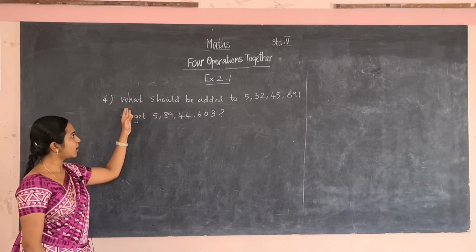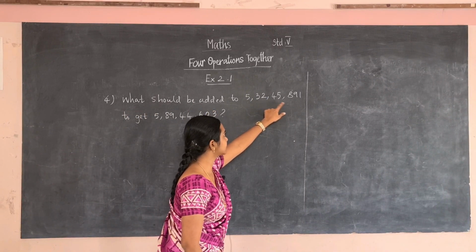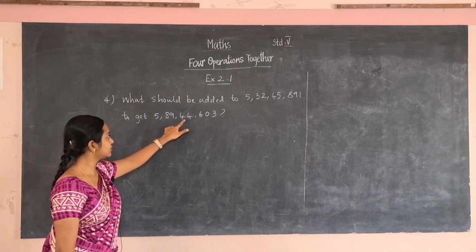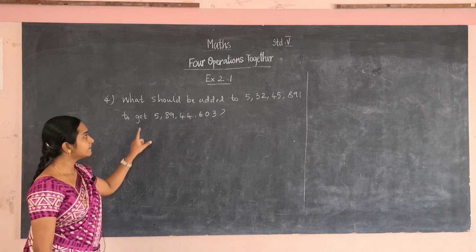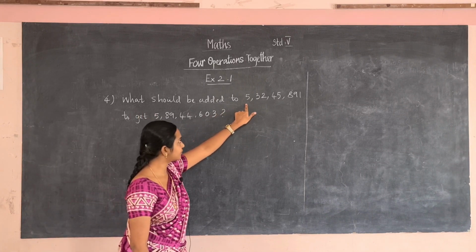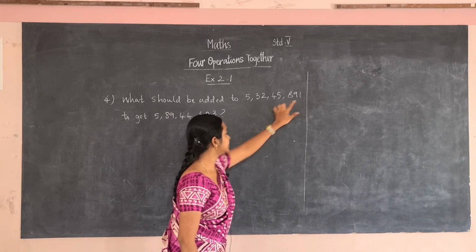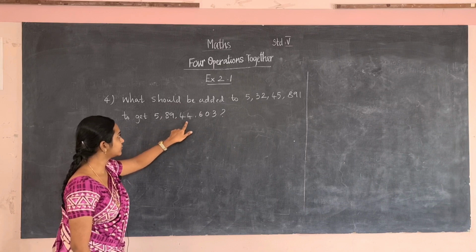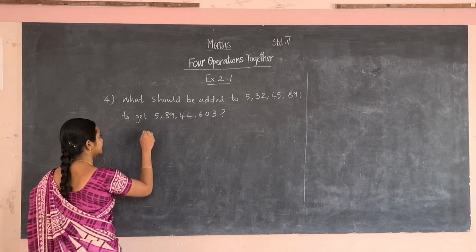The fourth sum is, what should be added to 5,32,45,891 to get 5,89,44,603? From this you can see that a number is added to 5,32,45,891 to get 5,89,44,603. So you have to find number 2.